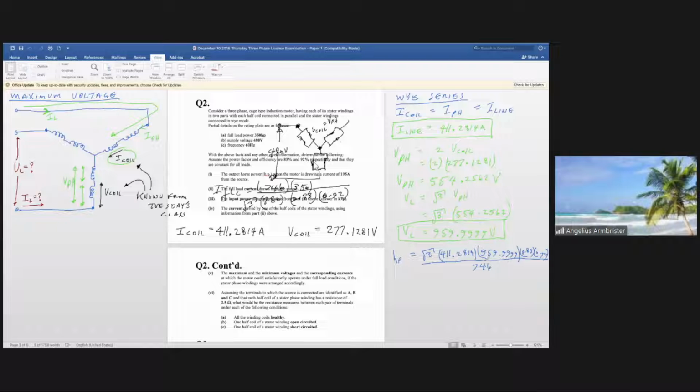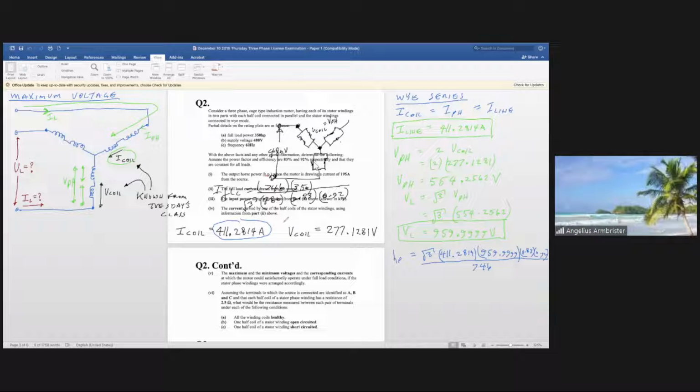Wait a minute, we should get the same power. Oh, I'm using the wrong coil current. I think I can see where I went wrong.